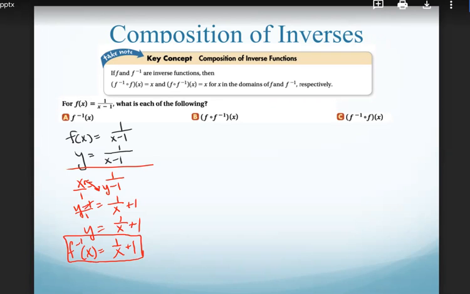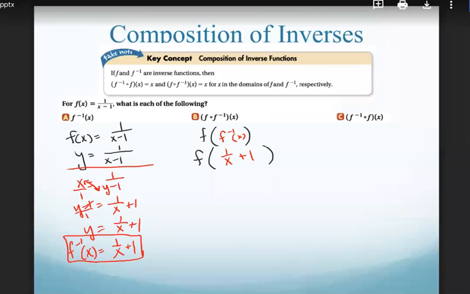Now we want to compose my functions. So we have f of f inverse of x. First thing that we need to substitute is the f inverse of x, and that is 1 over x plus 1.